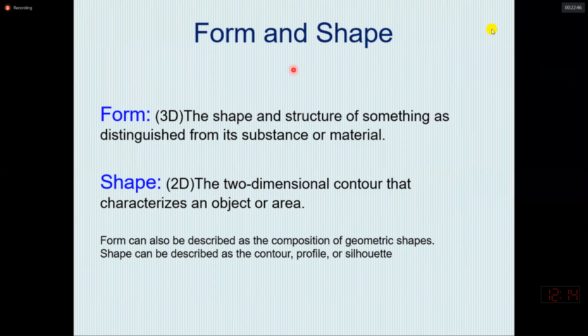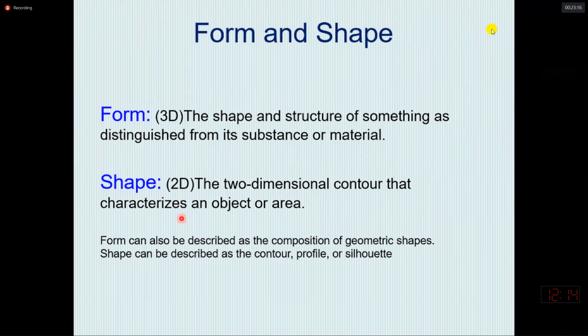form and shape. Form is actually the 3D shape, 3D structure, or 3D form, while a square, on the other hand, is two-dimensional. Mostly height is not present in a shape, and we can simply describe that a square is a shape while a cube is a form, a circle is a shape while a cylinder is a form, or a cone is a form.